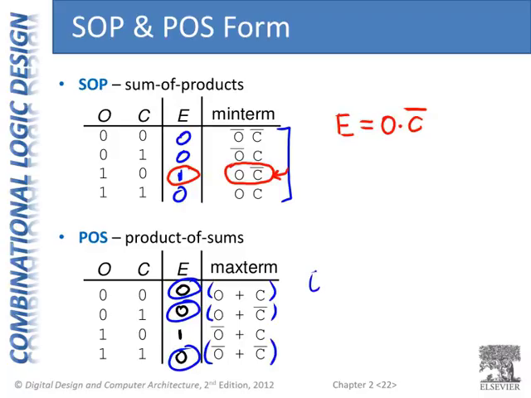So we're going to get E is equal to O or C, max term 0, and O or C bar, max term 1, and O bar or C bar.